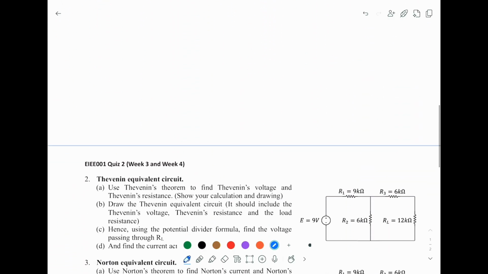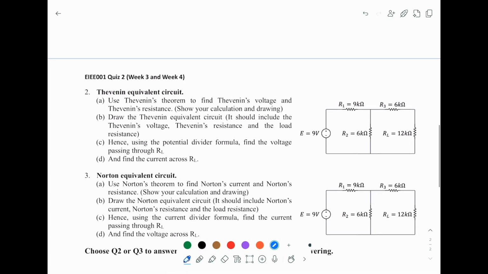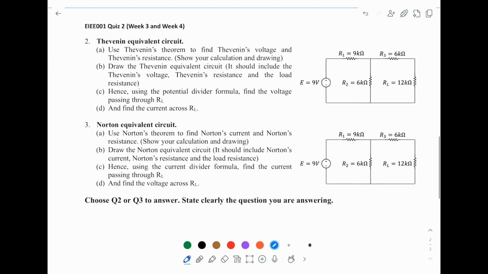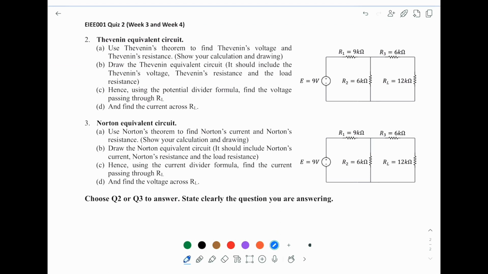Let's move on and look at the second part. In the paper 1B, the second part, you have a circuit diagram, and you can choose either using Thevenin or Norton equivalent circuit to find the current and the voltage across the load resistor RL.